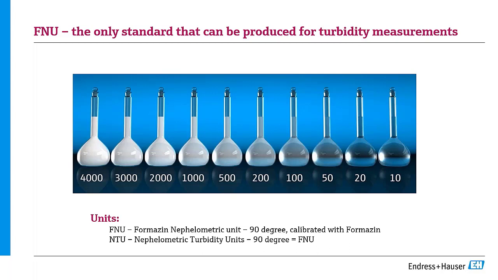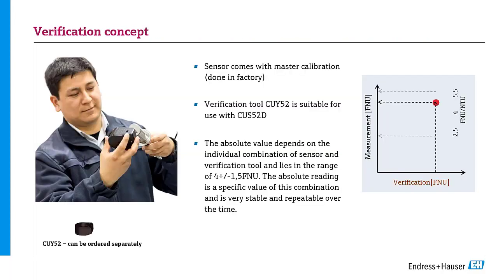However, with our CUS52D, we have an LED light source, and it's an incredibly stable light source that doesn't degrade over time. Instead of doing calibrations in the field, our recommendation is to do an annual verification.